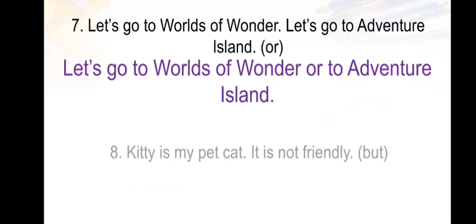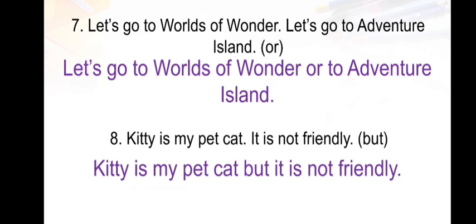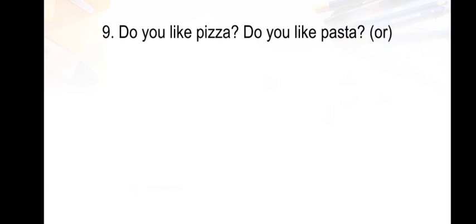The next sentences are Kitty is my pet cat, it is not friendly, and the given conjunction is but. These two sentences are opposite to each other, so the answer is Kitty is my pet cat but it is not friendly. The next sentences are do you like pizza? Do you like pasta?